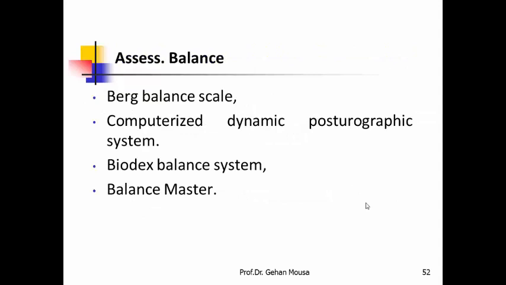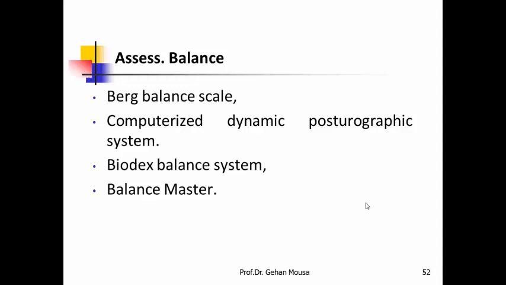Assessment of balance. Assessment of balance may use a scale, may be by observation of the patient's steadiness during static positions or during changing from one position to the other to identify dynamic balance, or maybe use scales, for example Berg balance scale.